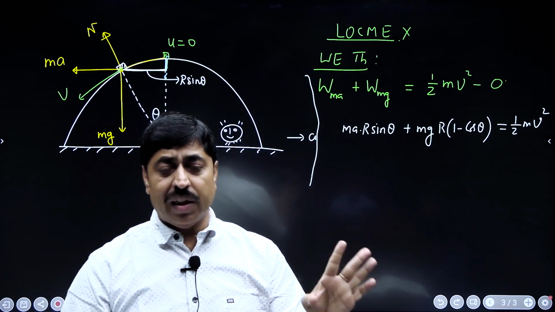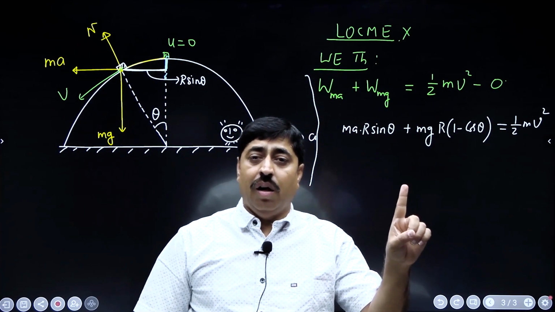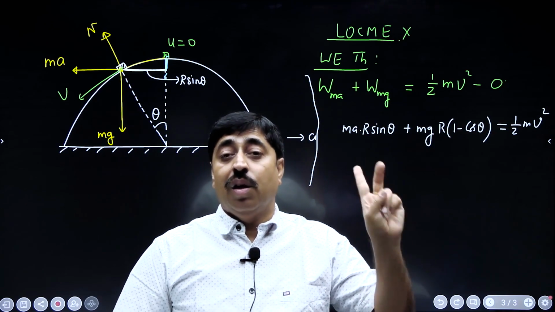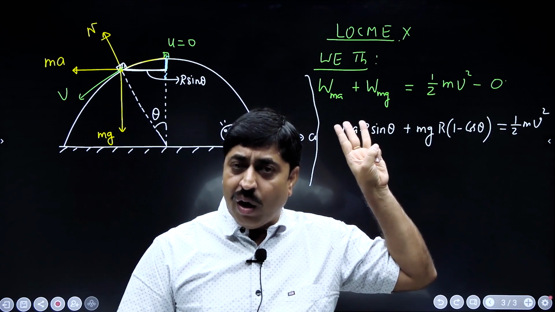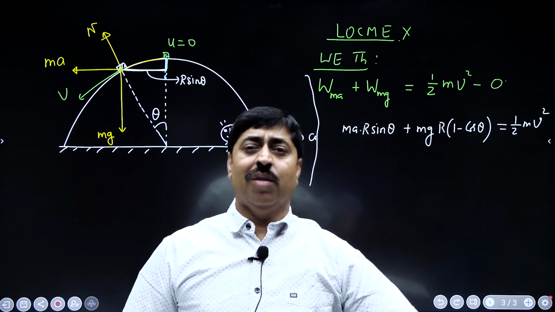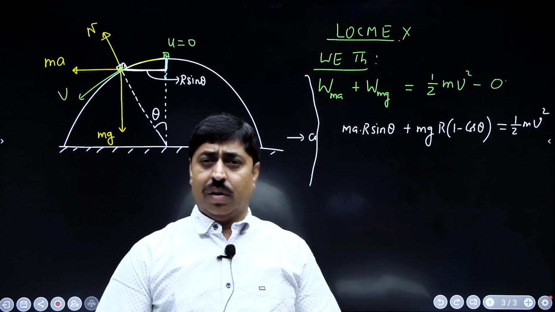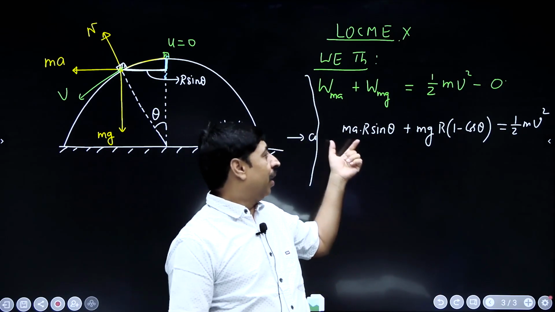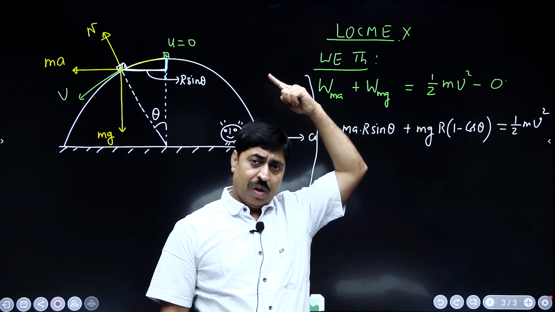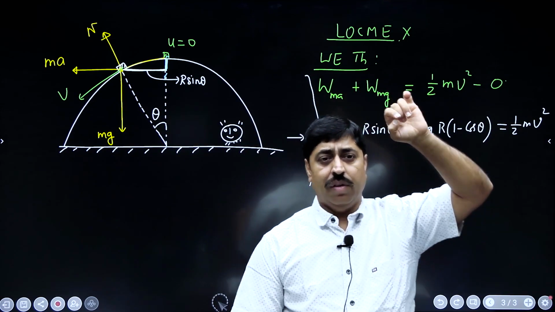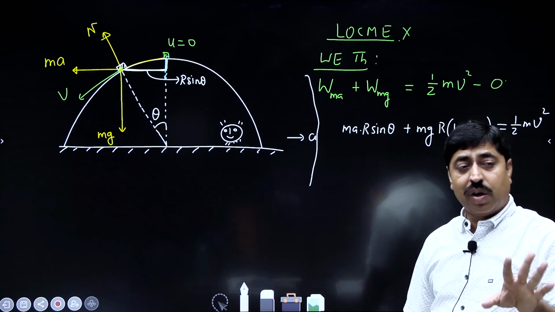Work energy theorem says work done by all forces, which means all external forces, all internal forces, work done by all pseudo forces, means every kind of force has to be taken into account. So, work done by pseudo force, work done by gravitational force, the normal force is not performing any work in this case. So, work done by all forces is equal to change in kinetic energy. This is what we have written here.